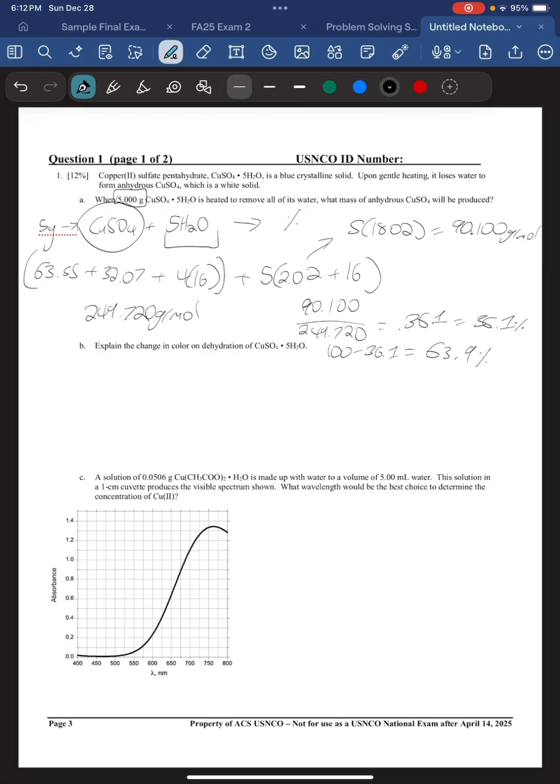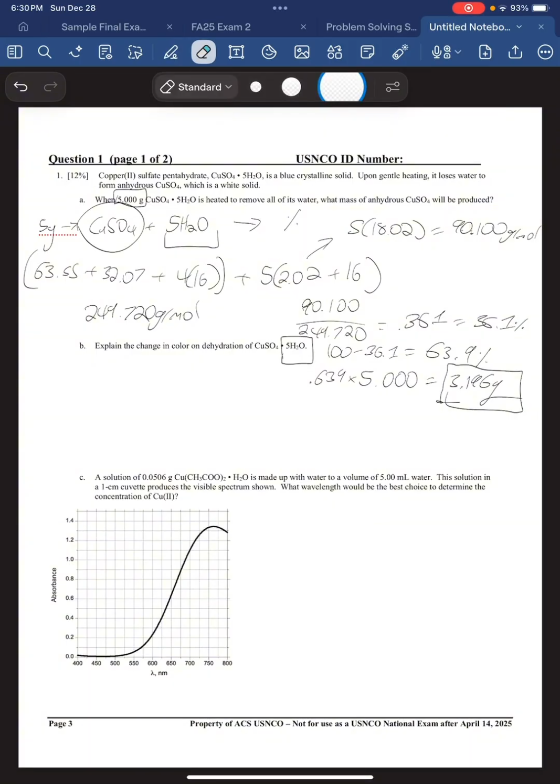Now all we have to do is convert this into a decimal, which we get 0.639, and we multiply that times our 5 grams, and we get 3.196 grams. That is our final answer right there.